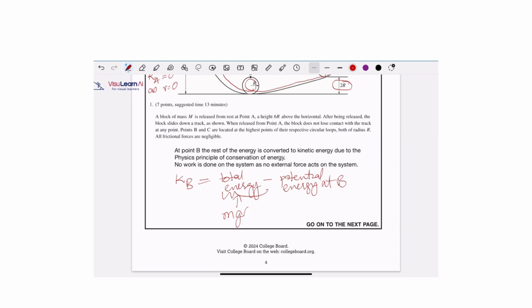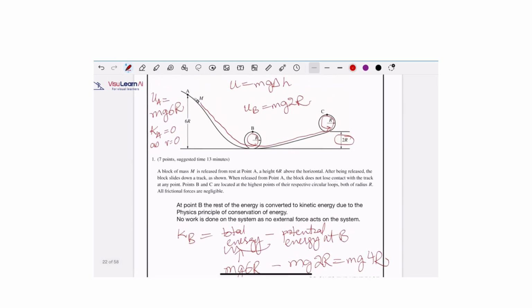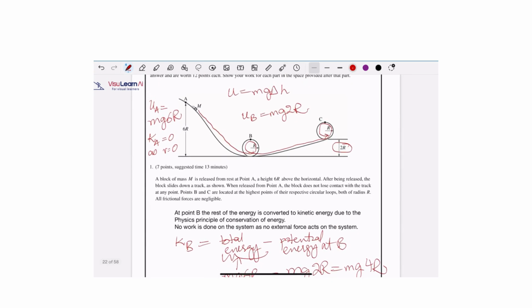Now that will give us the kinetic energy of mg4r. So now we have the kinetic energy and potential energies at both point A and B, and our problem is well set up for us to go to the next step, which is to solve the first part of the question.